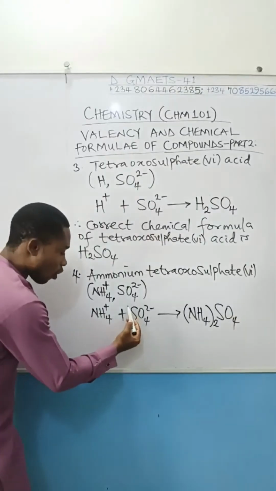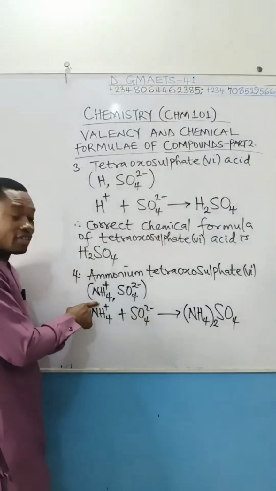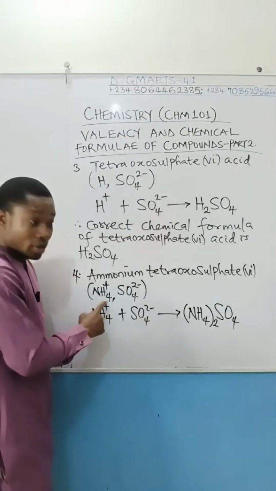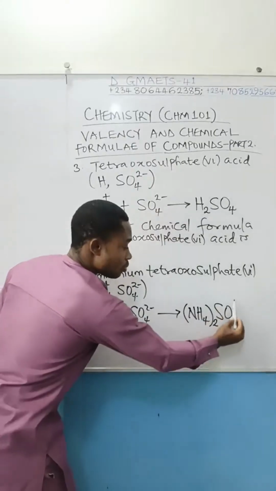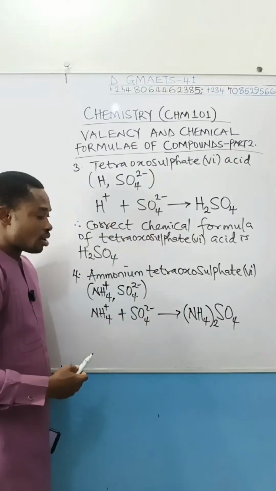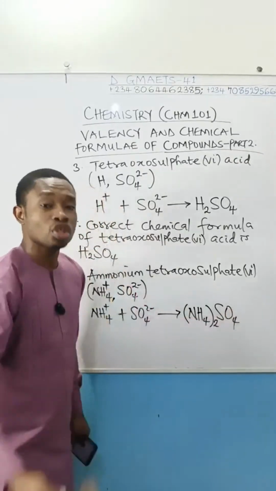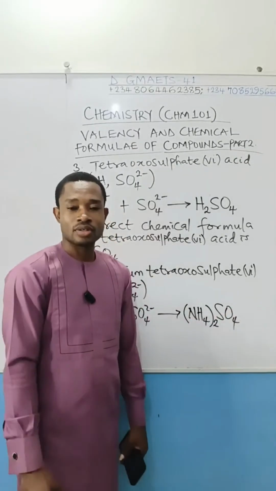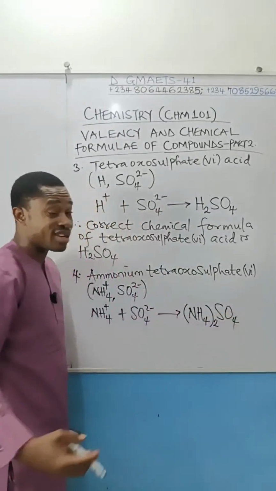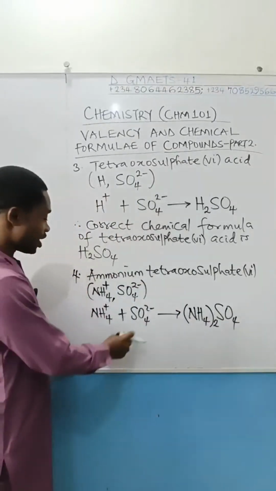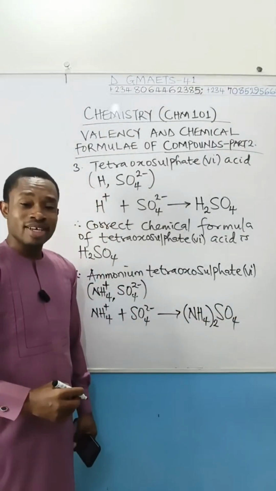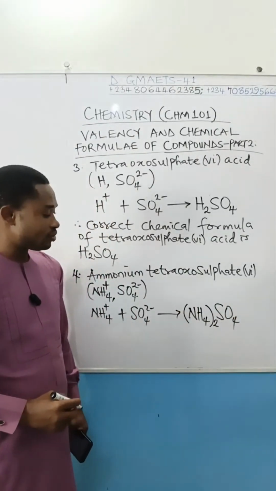This SO4 normally is meant to receive the valency of ammonium, and the valency of ammonium is 1. Which means normally I'm meant to put SO4 in brackets and then write 1 as its atomicity outside the bracket. But atomicity of 1, we don't show it. So I don't need to put SO4 in brackets and write 1 outside, because the atomicity that SO4 is receiving from ammonium is 1. So this is the correct chemical formula of ammonium tetraoxosulphate 6.